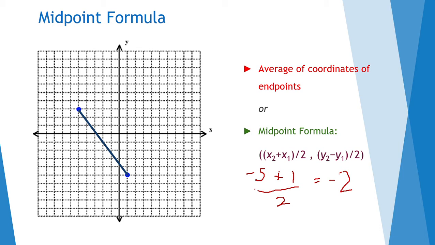And my y-coordinate would be (3 plus -5) over 2, which would be -2 over 2 or -1. Therefore, the coordinates of Nellie's house are (-2, -1).